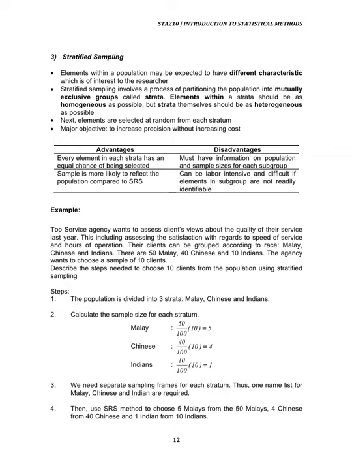Stratified sampling involves a process of partitioning the population into mutually exclusive groups called strata. Elements within a stratum should be as homogeneous as possible, but the strata themselves should be as heterogeneous as possible. Next, elements are selected at random from each stratum. So the objective is to increase precision without increasing cost.